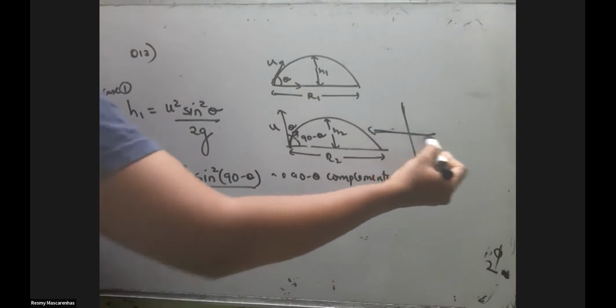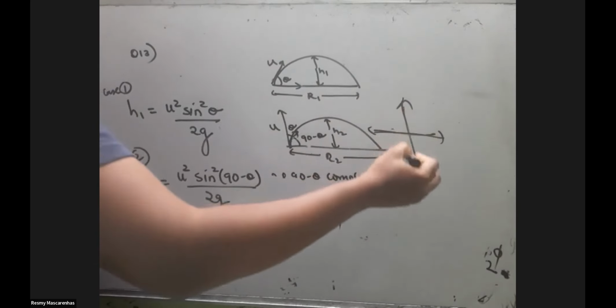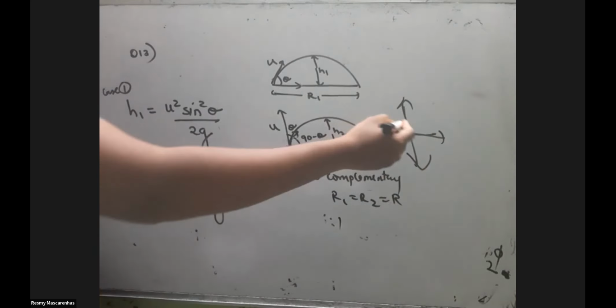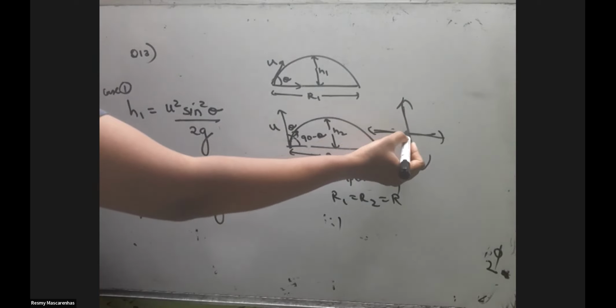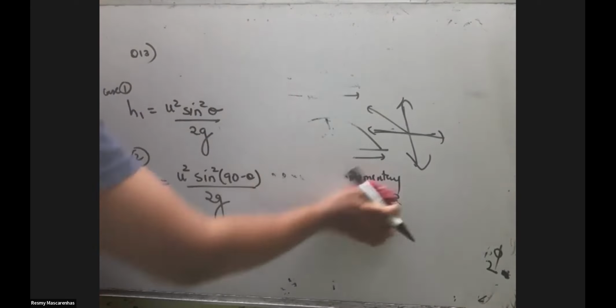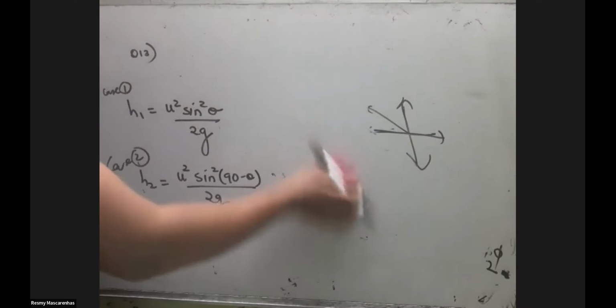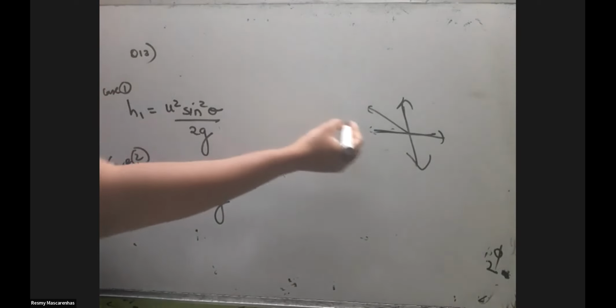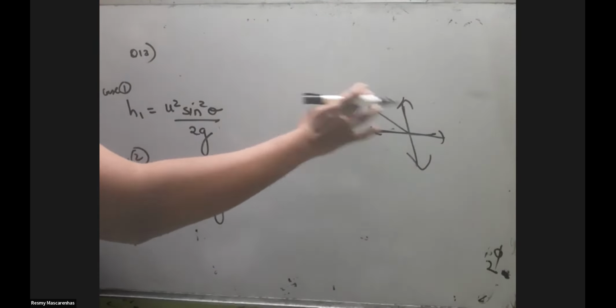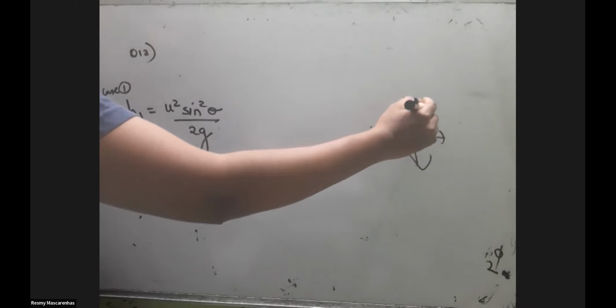Those who have dropped maths, you'll have to only learn formulas by heart, that is the disadvantage. Else you'll have to learn the entire concept. 90 minus theta would be in the first quadrant, less than 90 degrees.